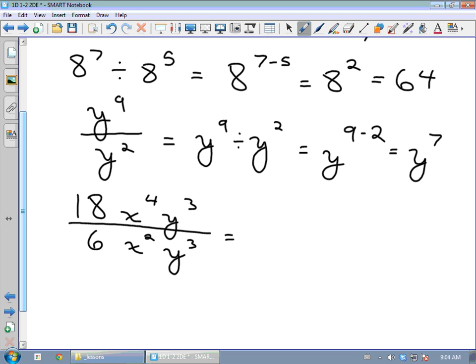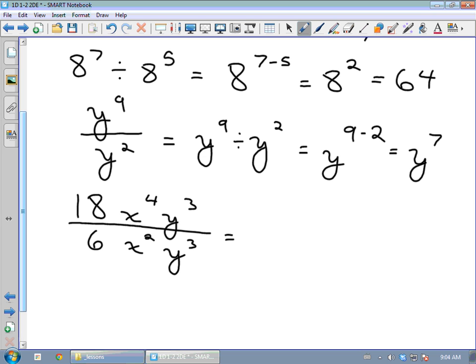When you see one like this, it's useful to write it so that the things that have the same base are lined up over top of each other. So I've written my x to the power of 4 over my x squared, my y cubed over my other y cubed, and my two coefficients, 18 and 6, over top of each other. Because it's pretty easy to see which terms are going to match up together.